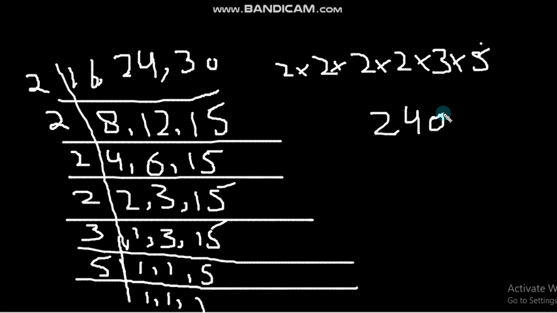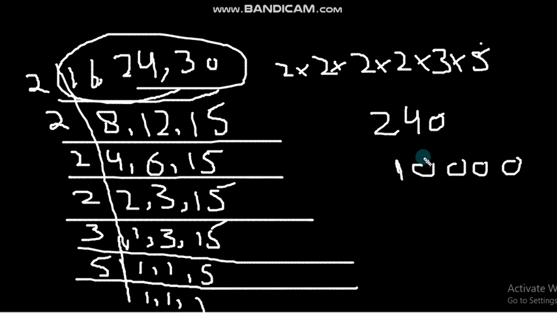That is, we get the LCM. But the question was, what is the smallest 5-digit number which can be divisible by all of these numbers? So the smallest 5-digit number we have is this one.